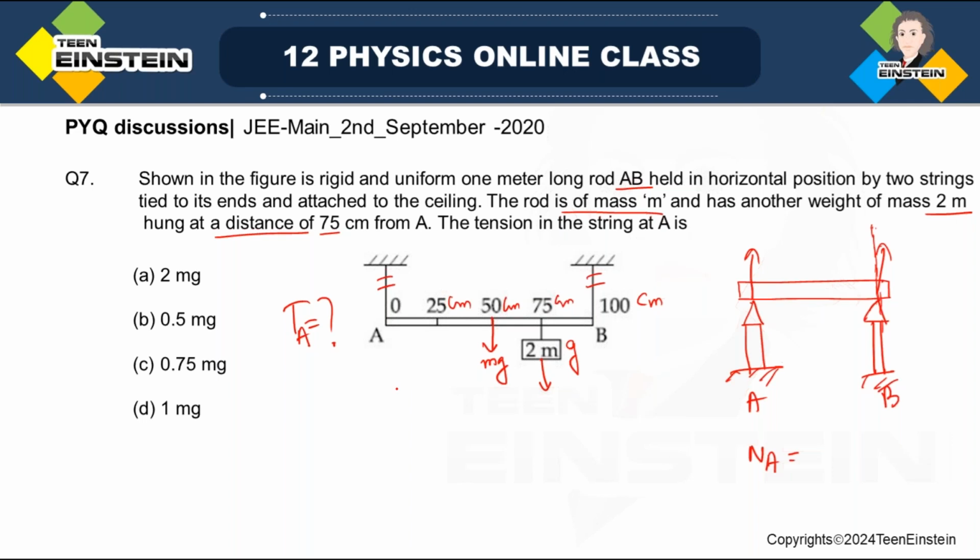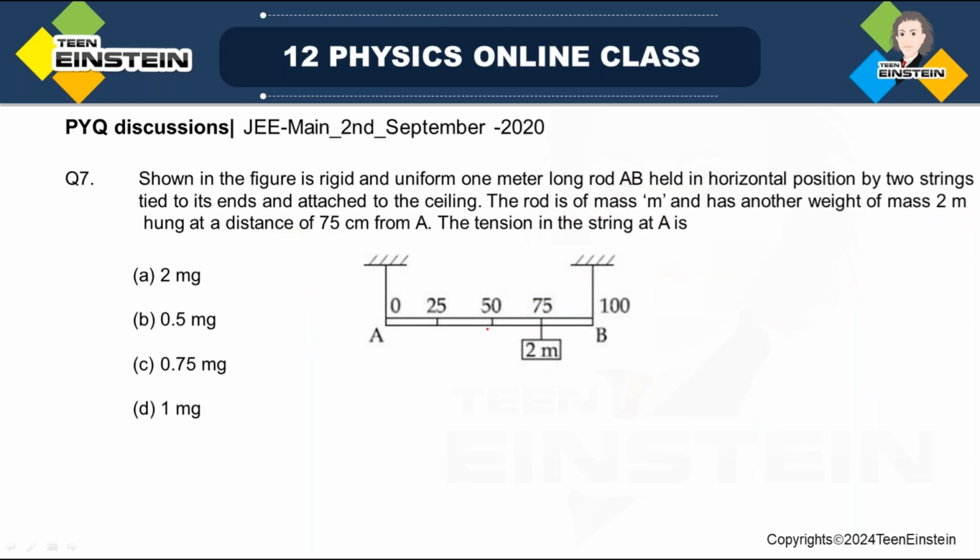Now I have the mass of this rod itself, mg, and 2mg along this direction.